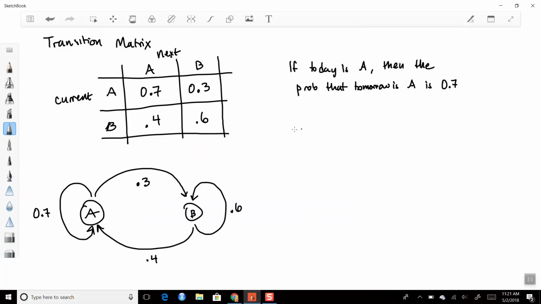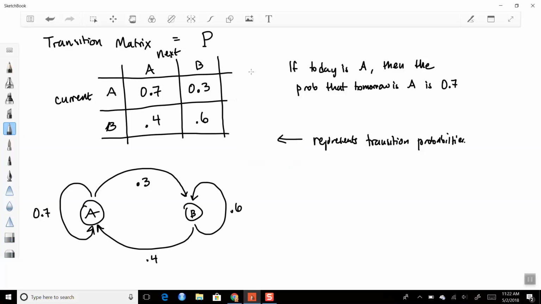This just represents transition probabilities. And we'll often call our transition matrix the matrix P.